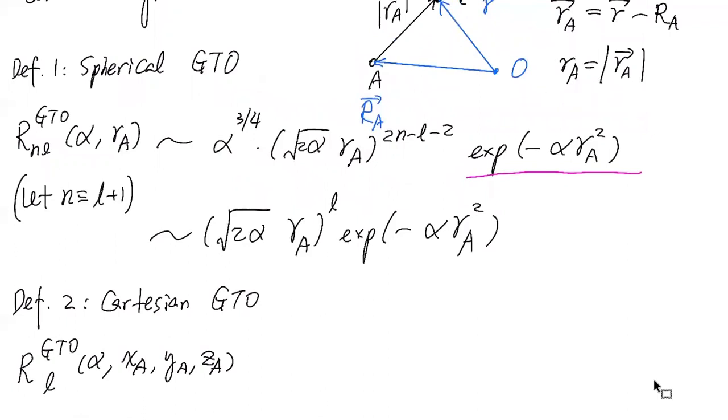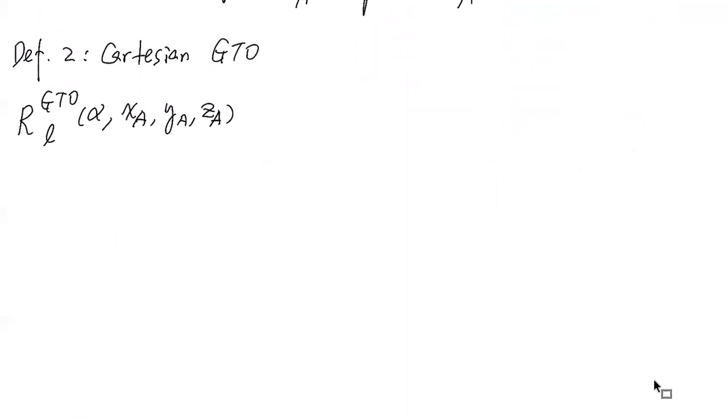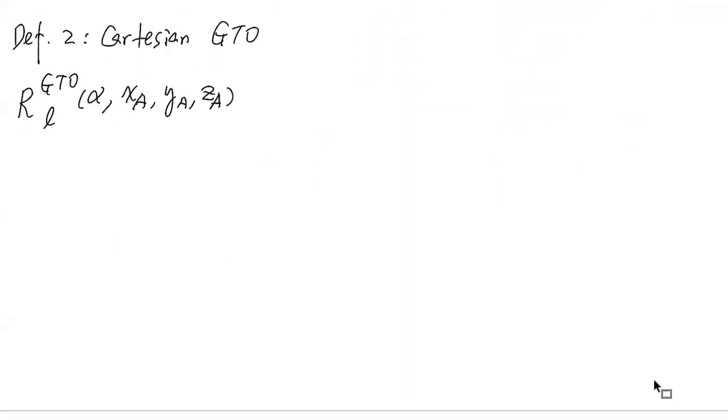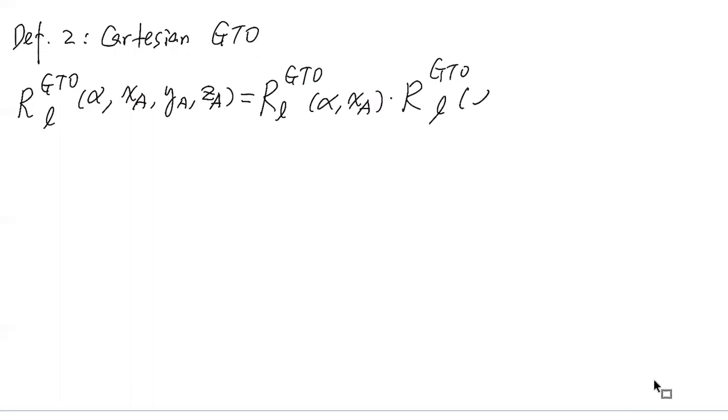Then in terms of the Cartesian coordinate, of course, you have XA, YA, ZA. And this can be written as a simple product of the XA part times the YA part times the ZA part. Well, from this definition, you immediately notice that it's really not the exact solution, right?